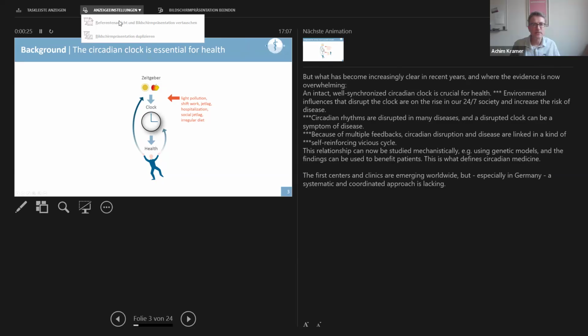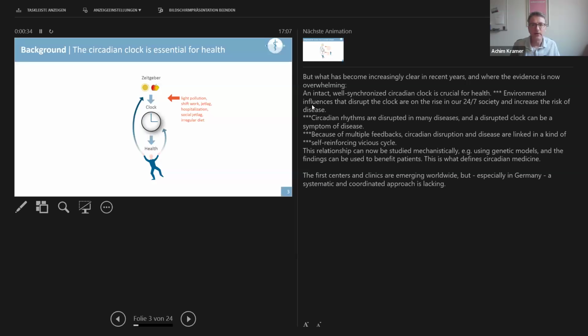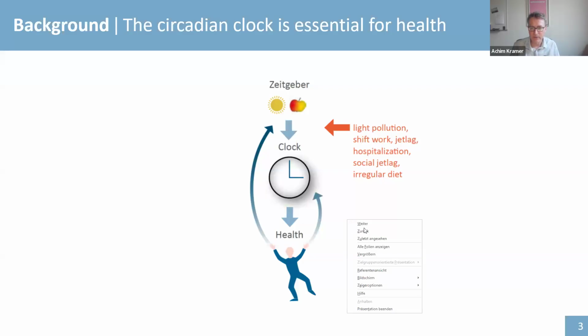No, but it doesn't do it. Maybe I just do it again. What I wanted to do is, how can I switch that? Anzeigeeinstellung. Okay. Oh, maybe with yes. What I wanted to do is get my laser pointer.